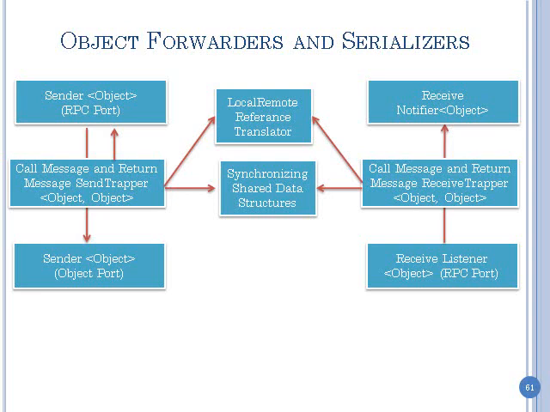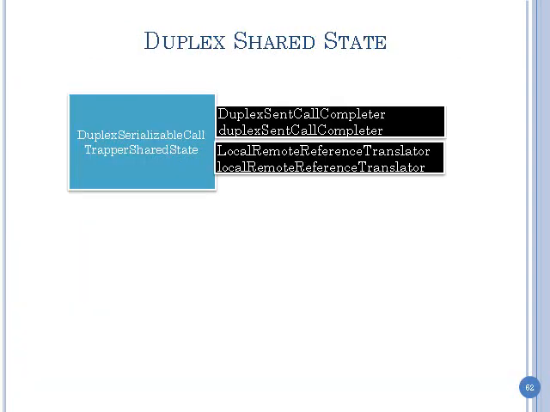I probably won't get to the slides that talk about this in depth, but at least you get an idea why this is happening. Let me look at the architecture right now. The shared state consists of two items, the sent call completer and the local remote translator. You might have seen this when you were debugging through your code.